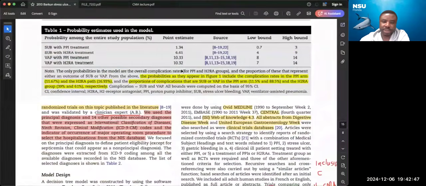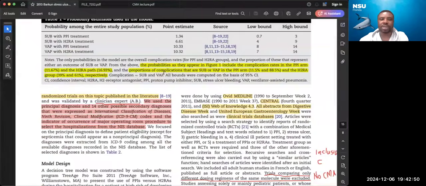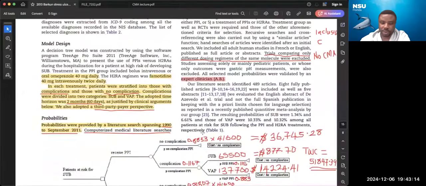Okay, so the next one that I'm going to talk about is the proportion of complications that are the stress ulcer bleeding or the VAP. This is in the PPI arm. In the PPI arm, the complication for the stress ulcer bleeding was 11.5, and the complication for the VAP was 88.5. So let me show you where.